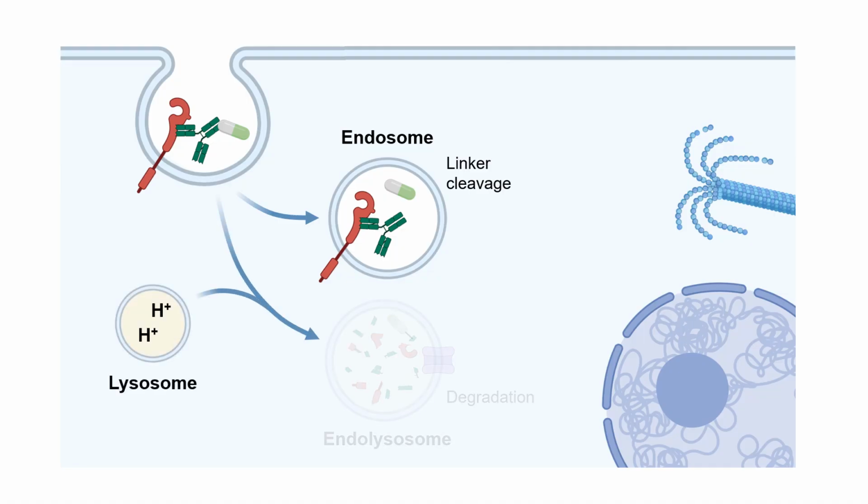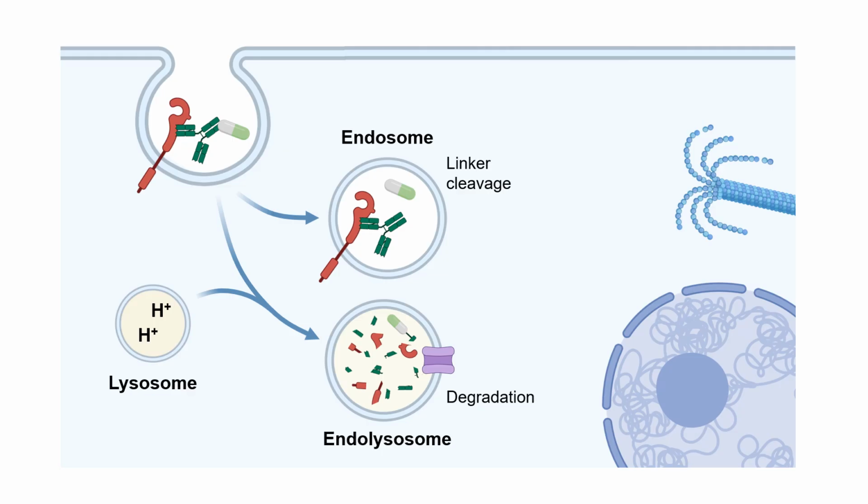Or this endosome can be coupled together with the lysosome, and it can form the acidic environment of the endolysosome. Inside this acidic environment, the antibody molecule can be degraded, and eventually the drug molecule is released into the cytosol.